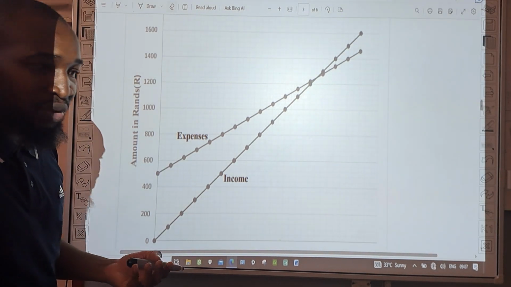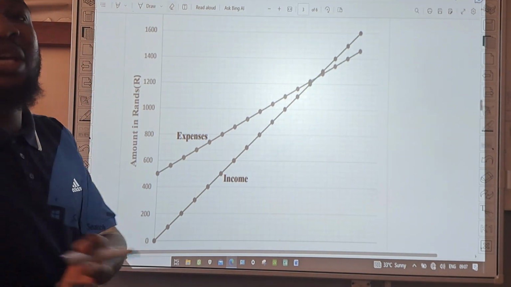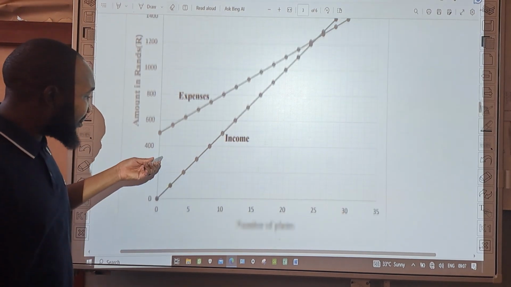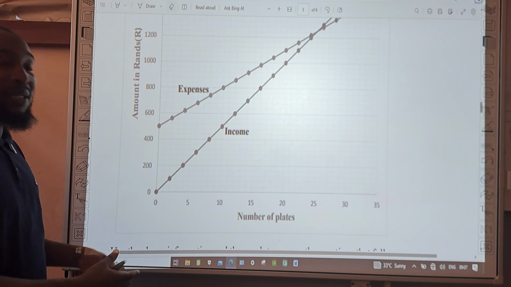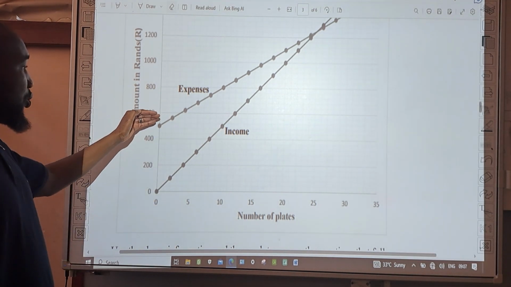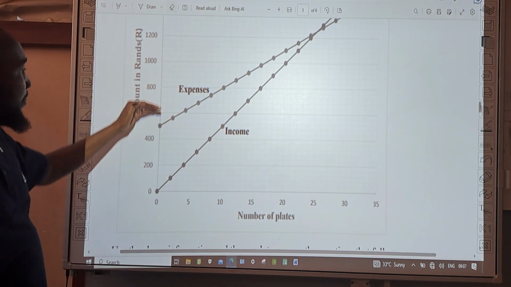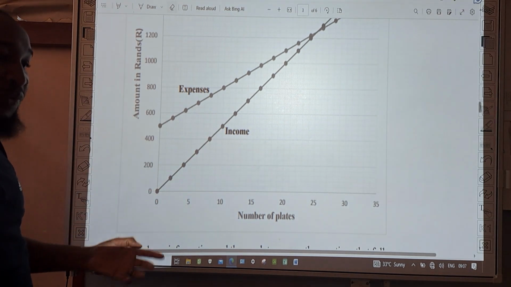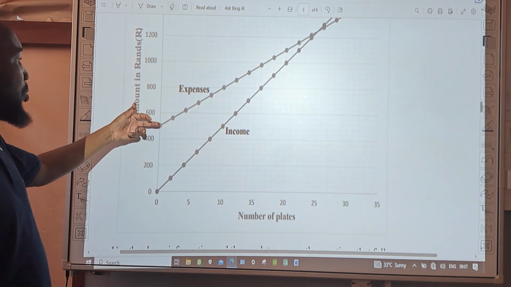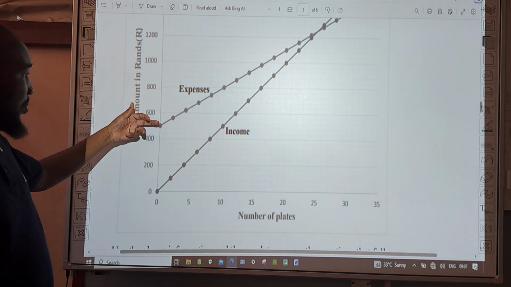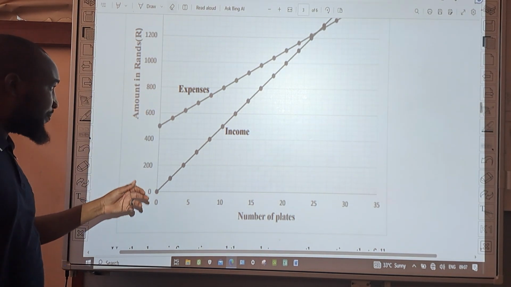Because otherwise, if you sell nothing, you get nothing. But you will only start making money when you start selling things. But as for the expense graph, it would start at some amount, because of course for you to start a business, you need to have started with some amount. That is why the expense graph would start on the upper line.